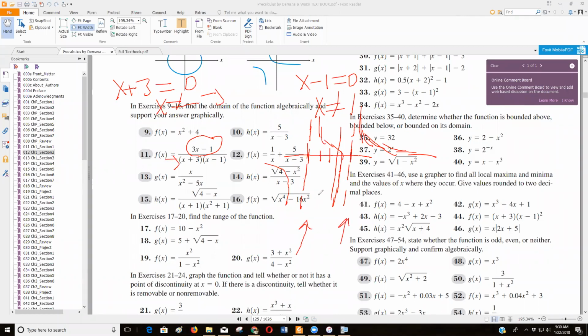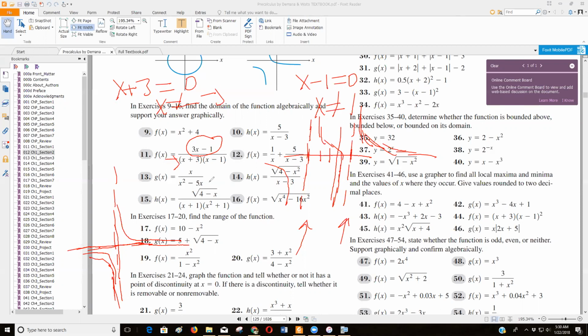I'm hoping that from earlier classes you learned about some basic toolkit functions, and one of those is the reciprocal function. With the reciprocal function, it looks something like that. It has vertical asymptotes, and the range is everything except where that horizontal asymptote is. And the domain certainly doesn't include where the vertical asymptotes happen. So the domain could pretty much be all reals, except for x equals 0.